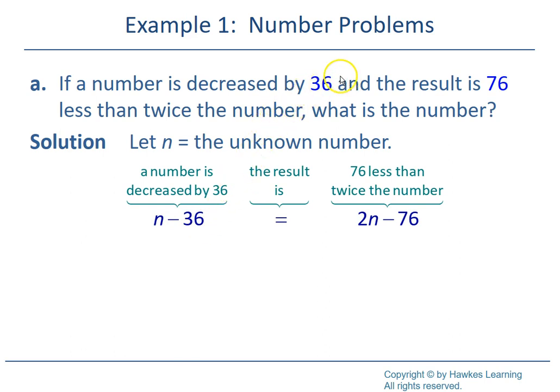The result, and the item for result is the equal sign, is 76 less than twice the number. Well, we had this before: twice the number less 76.